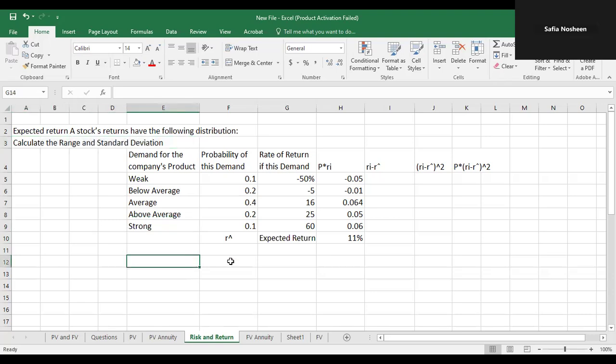So for the range, our best return is 60%, minus the worst one, which is minus 50%.